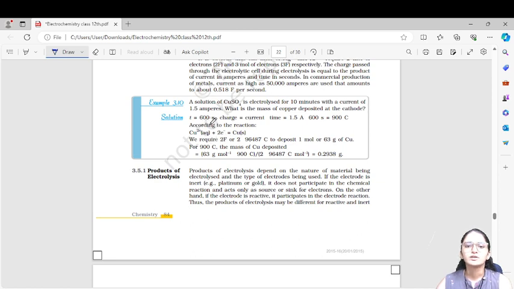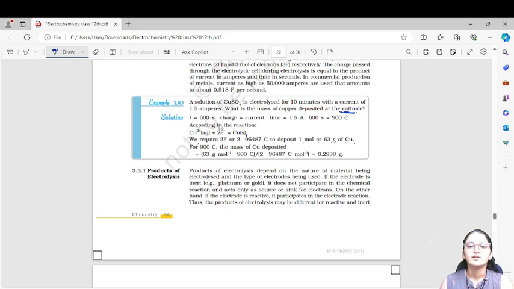Copper is electrolyzed, so copper gains 2 electrons to give copper. Since they mention the cathode, we take this reaction, gaining of electrons. We require 2F, or 2 into 96487 coulombs, since 2 electrons are involved. This deposits 1 mole, or 63 grams, of copper.